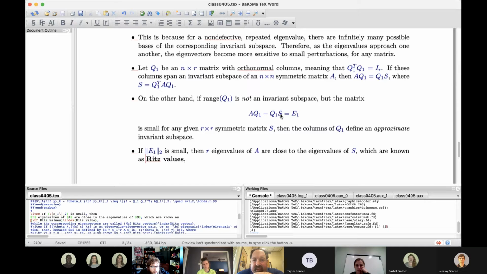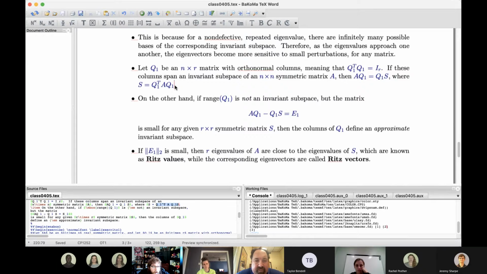The R eigenvalues of S turn out to be close to selected R eigenvalues of A. The eigenvalues of S are called Ritz values of A, because they're the eigenvalues of a matrix of this form that's obtained from A. The eigenvectors of S are called Ritz vectors.